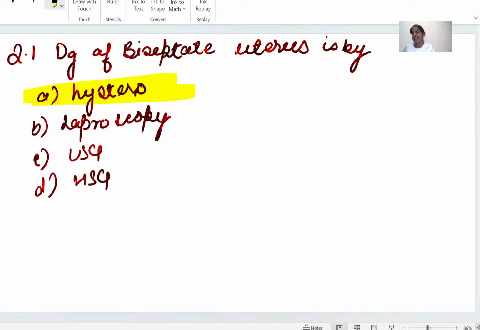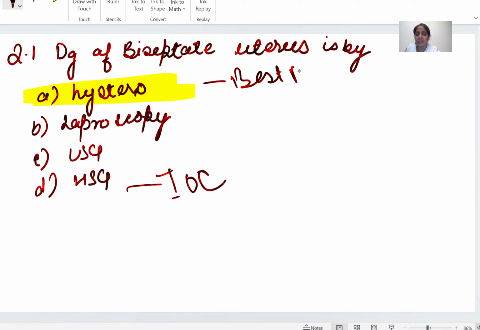It is not by HSG, because HSG is the investigation of choice. Whenever investigation of choice or best diagnosis is not written in the question, you always have to choose the best diagnosis. Is it clear?